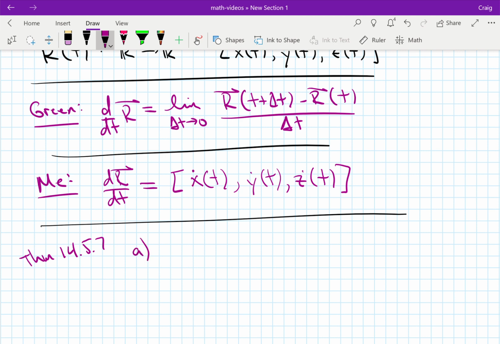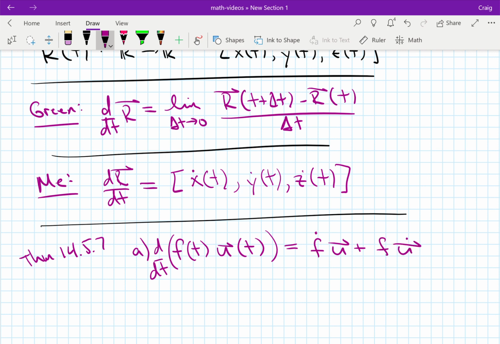The first part of that theorem says that if I have a scalar function f and I multiply it by a vector function u, which also depends on time, then a scalar times a vector is also a vector. That's clearly a vector function. If I want the time derivative, it turns out that this is just f dot times u plus f times u dot. So the normal product rule works.